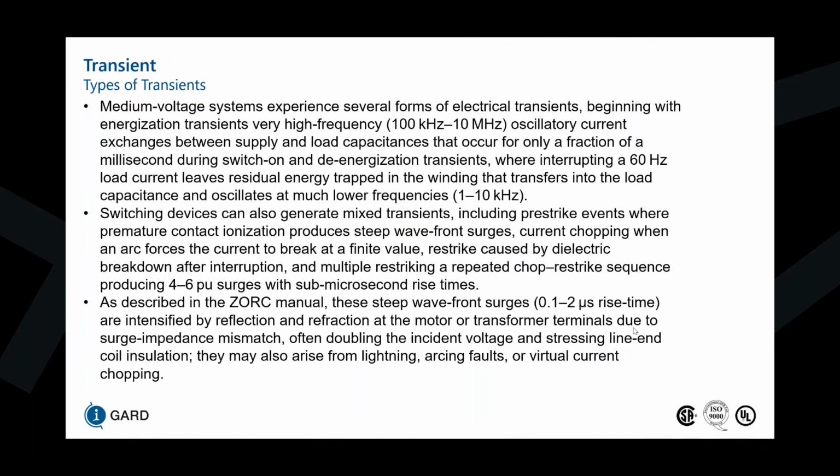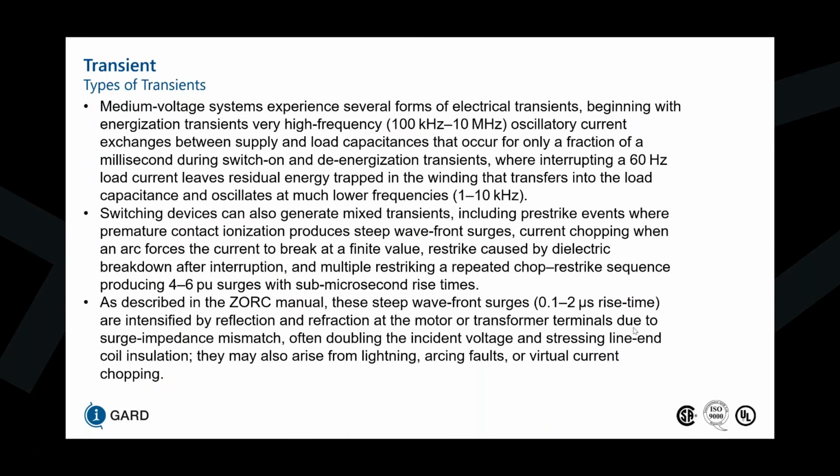There are also switching devices that can generate mixed transients, including pre-strike events where premature contact ionization produces steep wavefront surges, current chopping when an arc forces the current to break at a finite value, restrike caused by dielectric breakdown after interruption, and multiple restriking, a repeated chop-restrike sequence producing 4 to 6 PU surges with sub-microsecond rise times. So very, very steep, high peaking values in just a short duration of time.